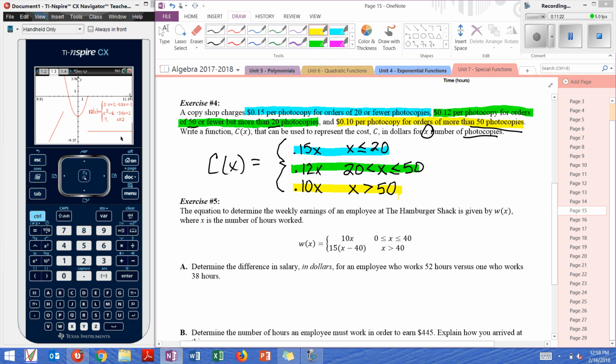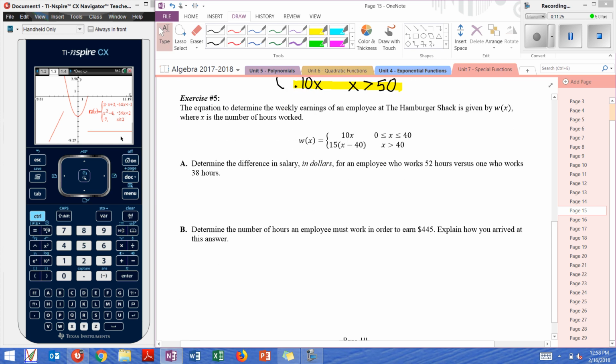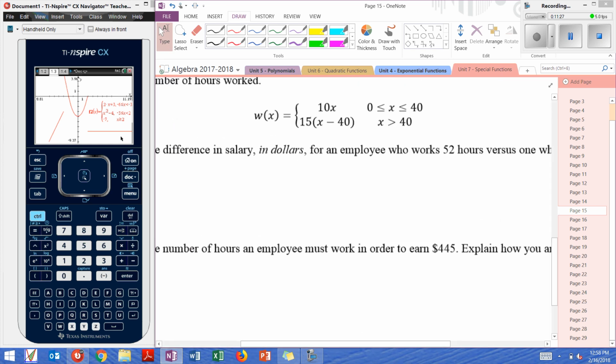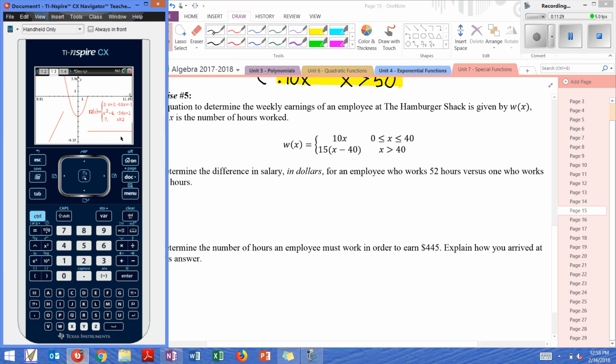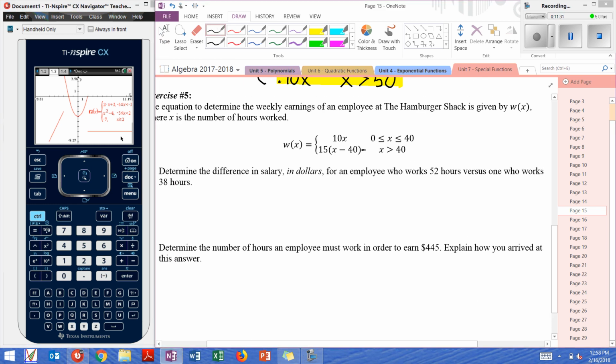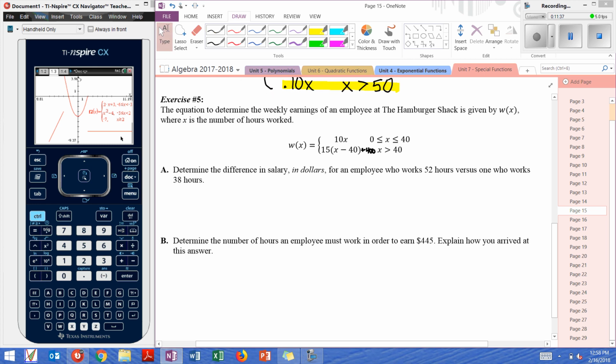All right, perfect. All right, exercise number 5. There's a typo in exercise number 5. Let's fix this first. So this should say plus 400 right in there. All right, so there's an equation. It's obviously a piecewise one, and it's dealing with weekly earnings of an employee.